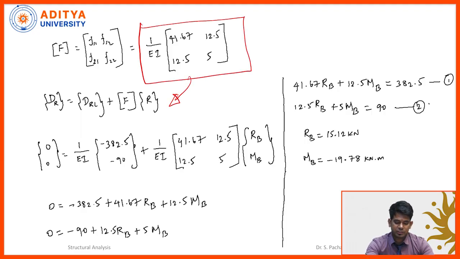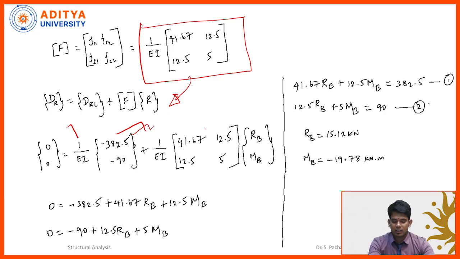All values need to be substituted back into the general equation. So this is the Dr. I told you what Dr is: Dr is the displacement at the redundant force. Since we don't have any support settlement, there won't be any displacement possible, so 0. And then DRL, I told you, is the displacement because of the load. So we have a UDL, and because of that UDL this is the produced displacement, 1 by EI.